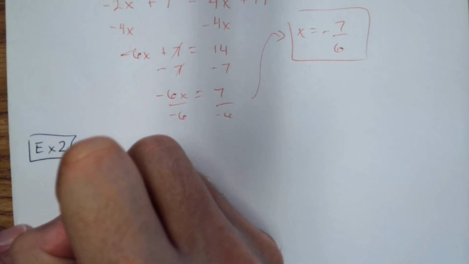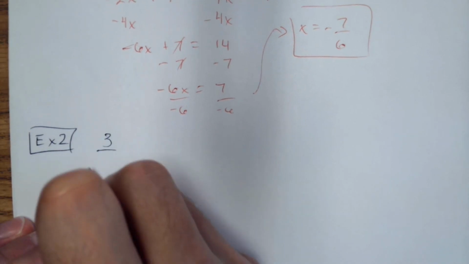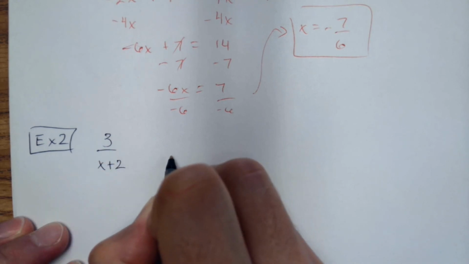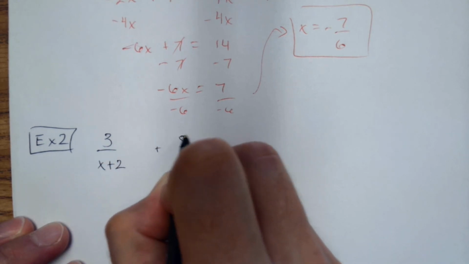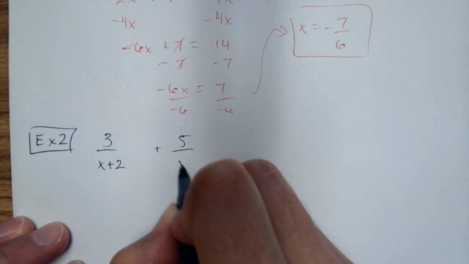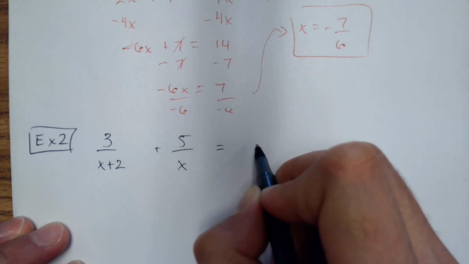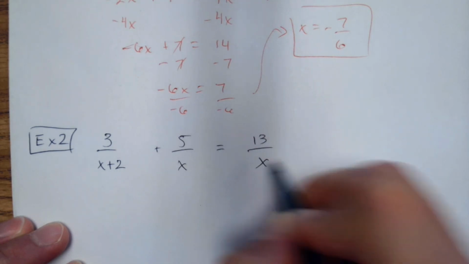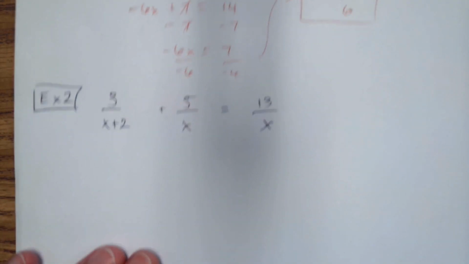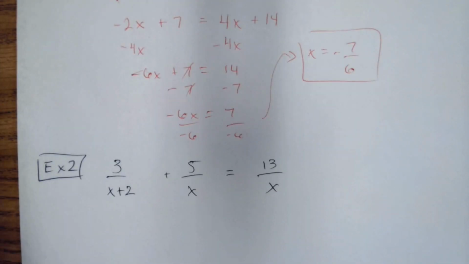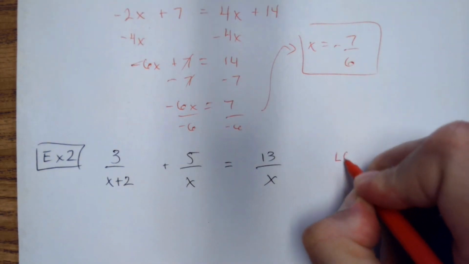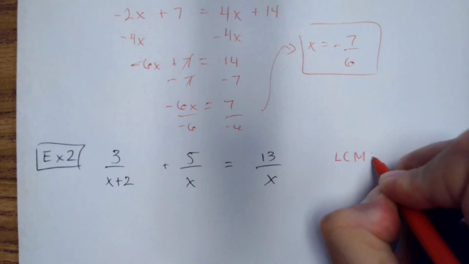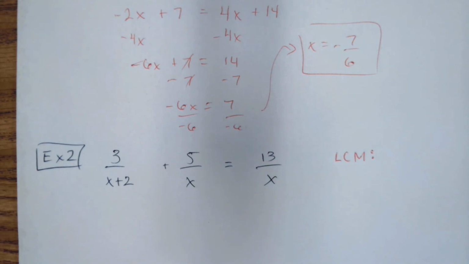So we'll have 3 over x plus 2 plus 5 over x equals 13 also over x. Okay, so on this, the LCM is just every piece of this.